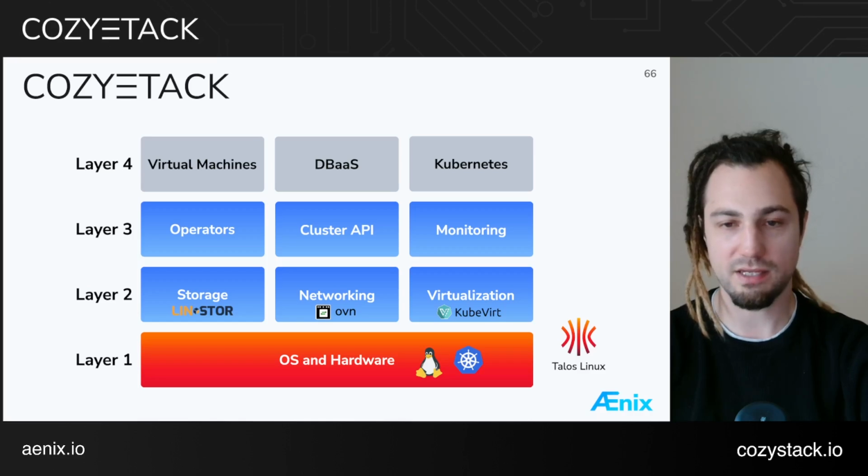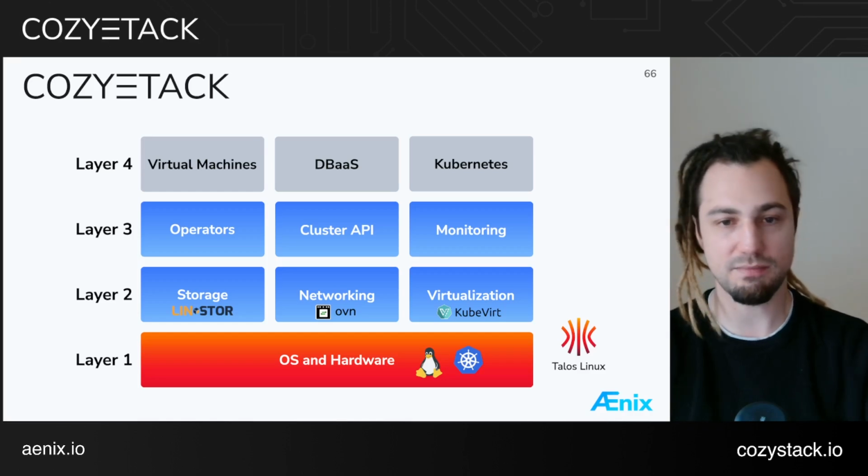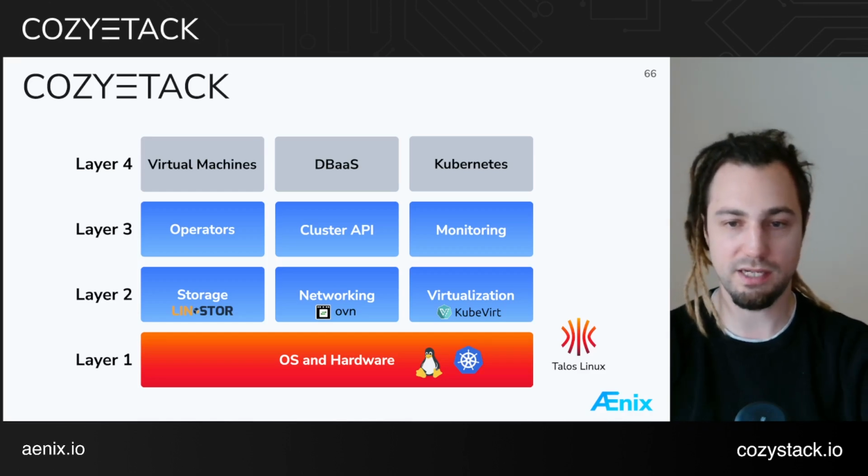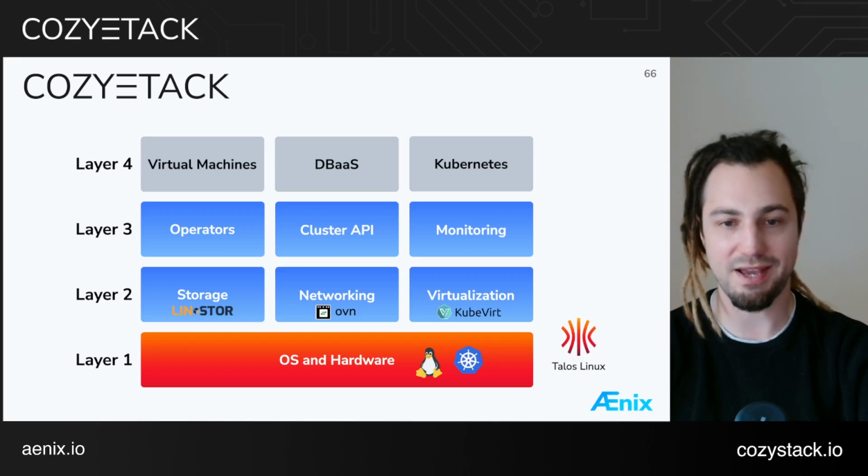So layer 1 is done by Talos Linux. It is the smallest operating system dedicated to running Kubernetes. It is very interesting because it has no binaries inside. It is purely written in Go. It has a Kubernetes-like API, and it allows you to configure your machine in a way similar to how you configure things in Kubernetes.